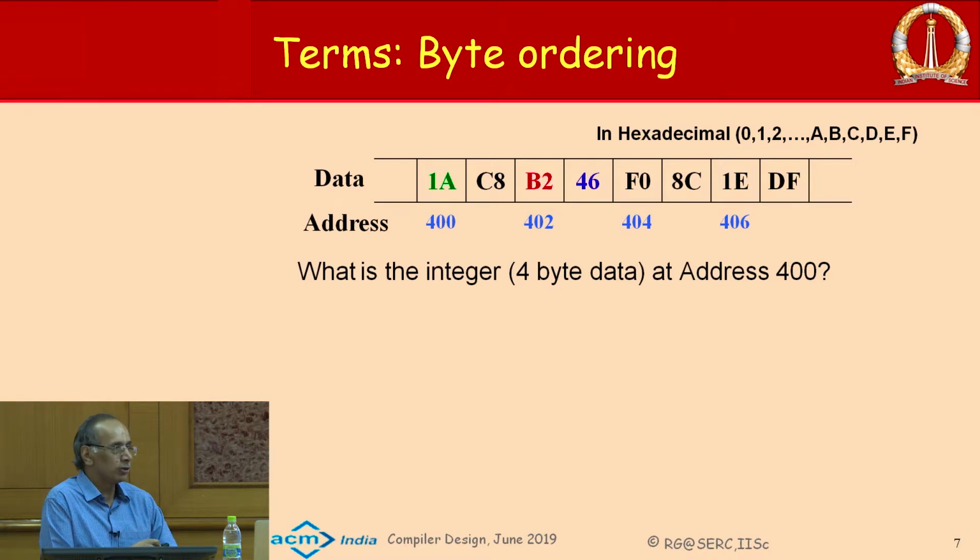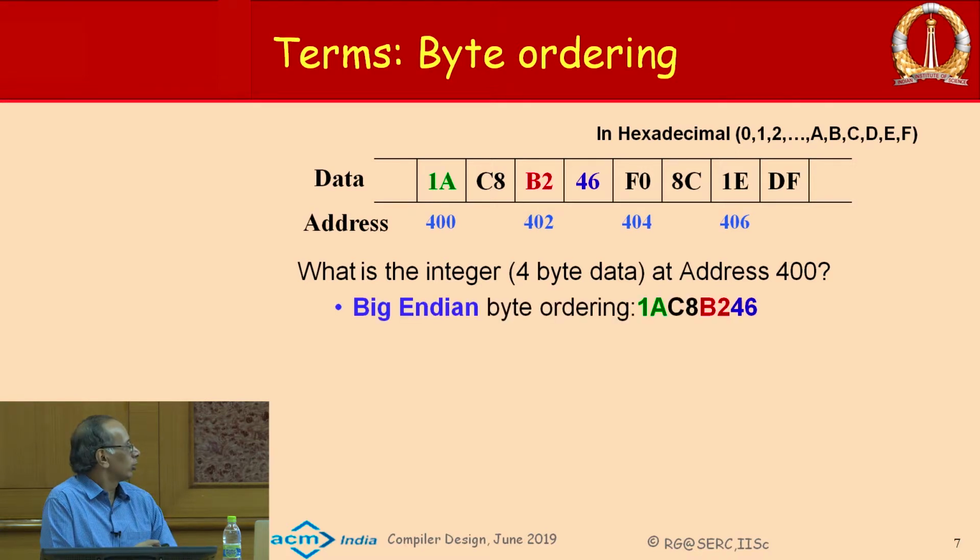But computers do not care. They can be both left handed and right handed if you want. If you say it is the big endian byte ordering convention, the end is at the higher address. So 1A is the most significant byte, then C8, B2, and 46 is the least significant byte.